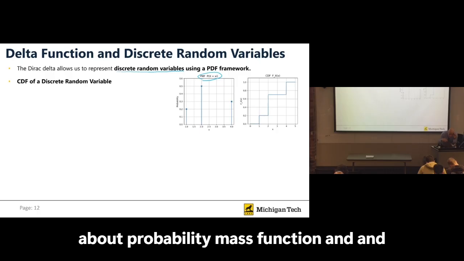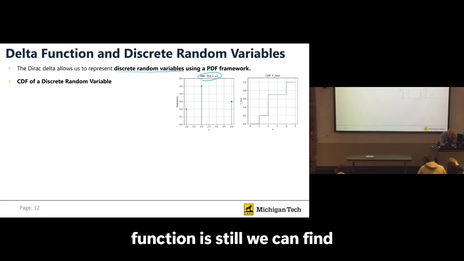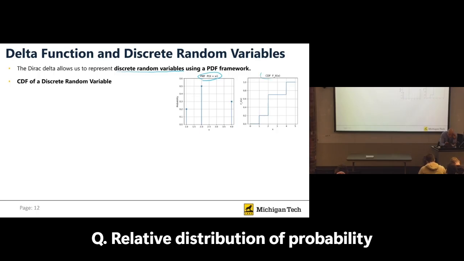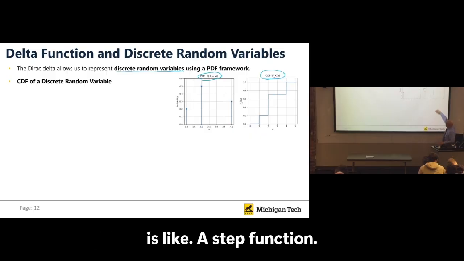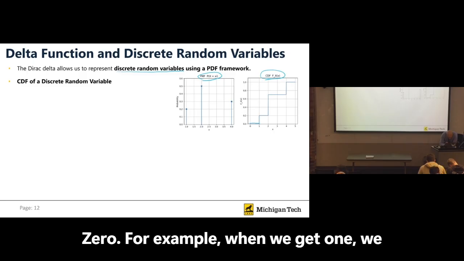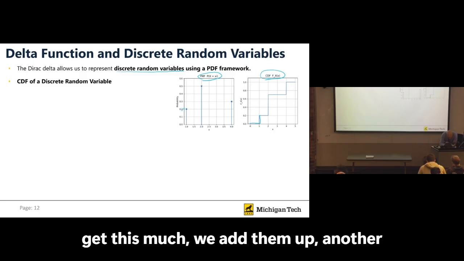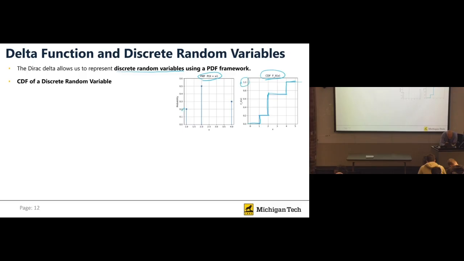And we also know that for the probability mass function we can still find the cumulative distribution. And the shape is like a step function. As you can see, this is 0, for example. When we get 1, we get this much. We add them up, add another, and the rest finishes at 1.